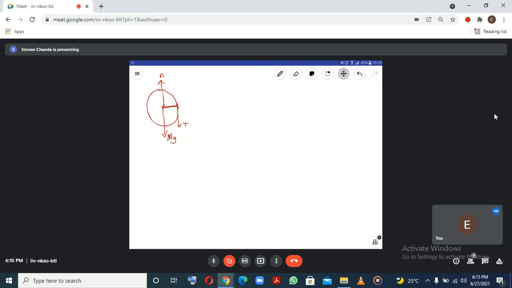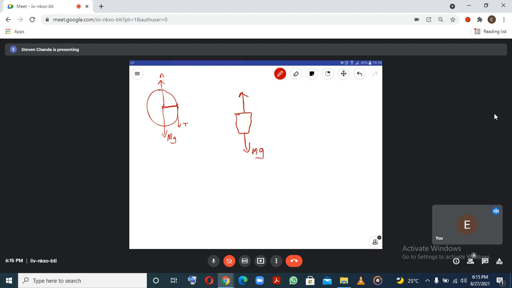So now let's look at the bucket. What's really happening on the bucket is this. It's got a force which is up, and then it also has a weight. Now, what's the force that's up?